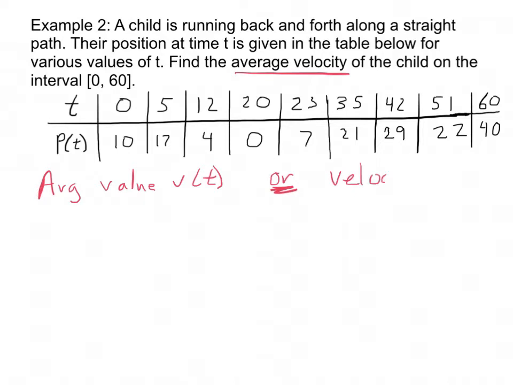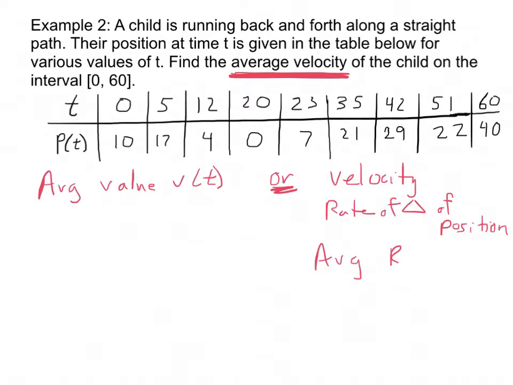Remember that velocity is the same thing as the rate of change of position. So asking for average velocity is the same thing as asking for the average rate of change of position.